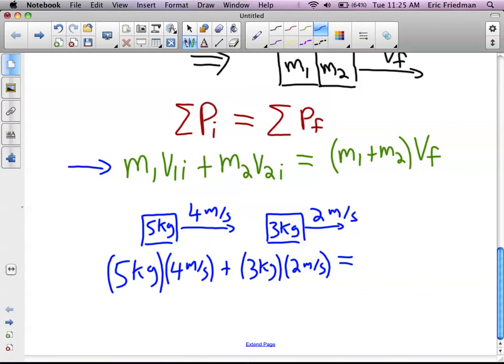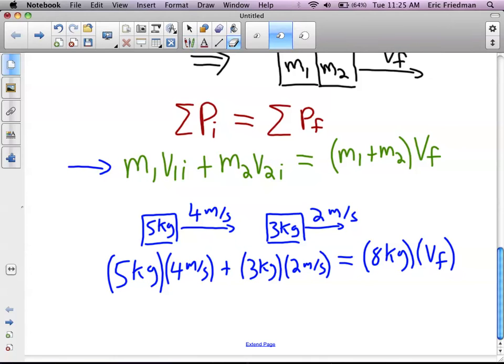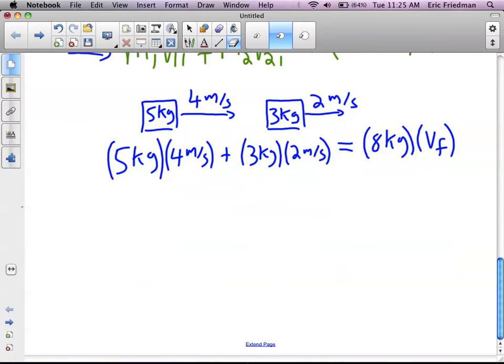That's going to equal M1 plus M2, that's 8 kilograms, and VF is what I'm looking for, right? Now we just have to solve this. And solving it's not that hard, it's just algebra from this point. Let's see what we get. Once again, I'm going to drop my units here.